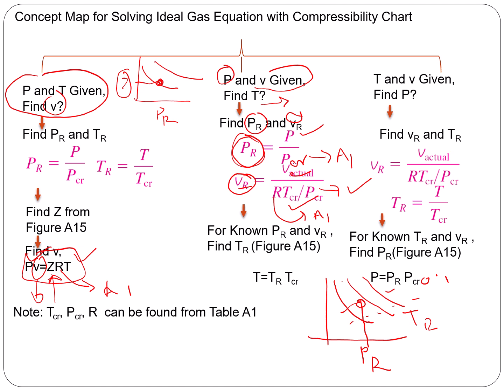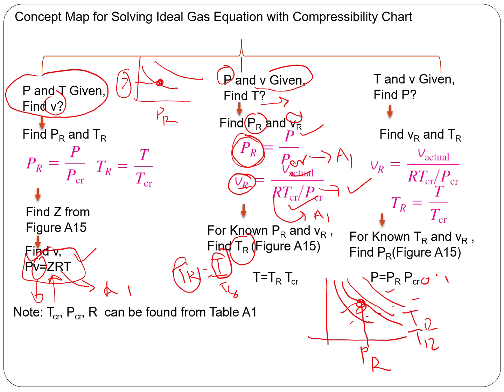Once you know the intersection point, you can estimate how much is T reduced at the intersection point. So from here we can find the T reduced, and once you know the T reduced, see here, T reduced is T by T critical. So our goal is to find out this one.